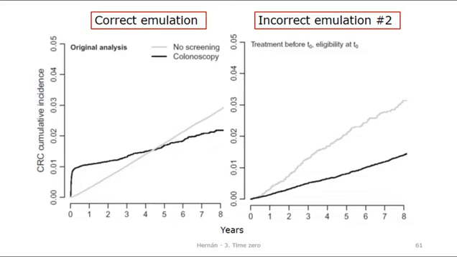Why don't people see this? And now we get into the second problem of observational analysis for causal inference. They don't see this problem because they don't show these curves. Everything they show is a hazard ratio or some form of relative risk. And then you miss this bias, which is so obvious when you look at the absolute risks. So that's the other thing that happens in observational analysis that almost never happens in randomized trials.